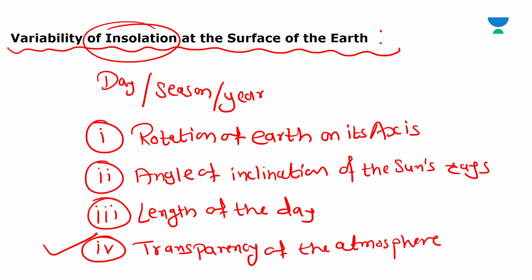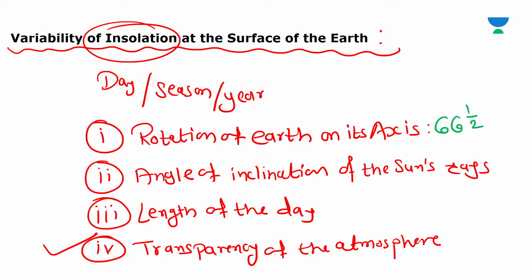Now, the fact that the Earth's axis makes an angle of 66.5 degrees with the plane of its orbit around the Sun has a greater influence on the amount of insolation received at different latitudes.